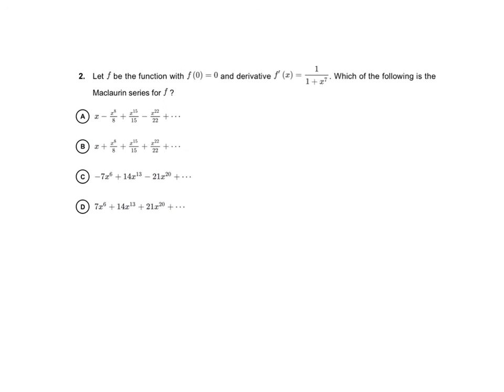Okay, next one. Let f be the function with f of 0 equals 0, and derivative that, which of the following is the Maclaurin series for f? Okay. You know, we've got the zeroth derivative at 0.